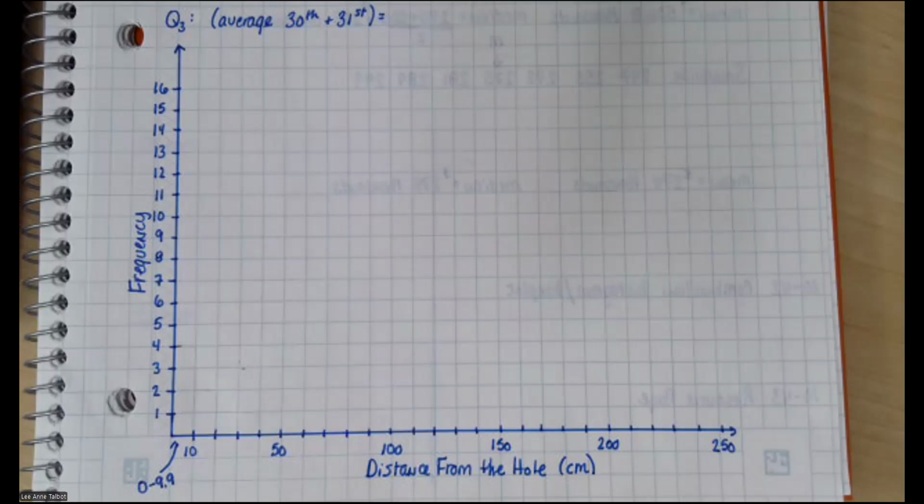Quartile one will be the 10th and 11th number, and then quartile three will be the 30th.